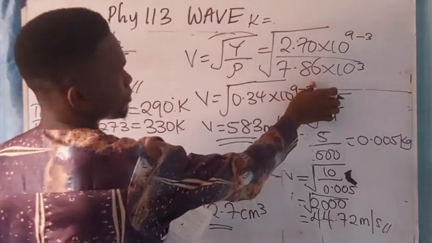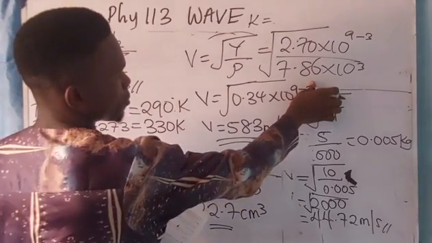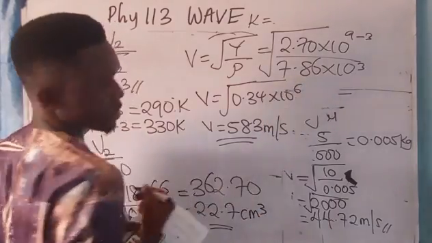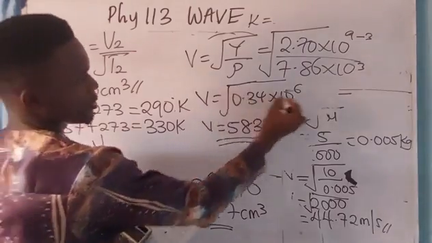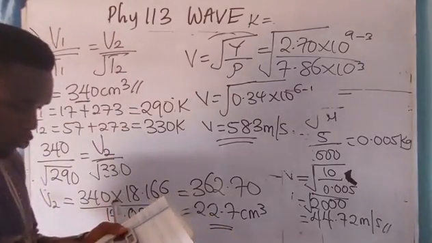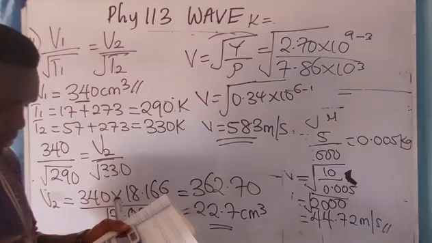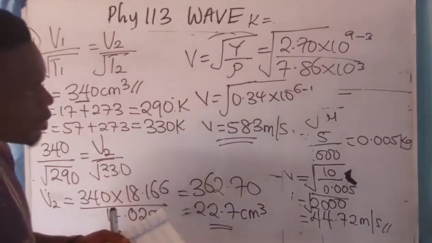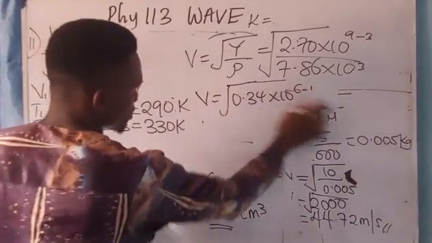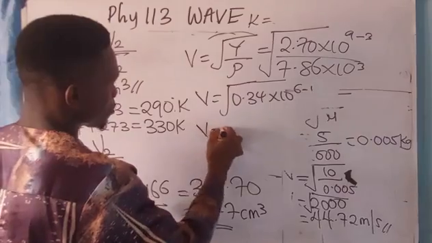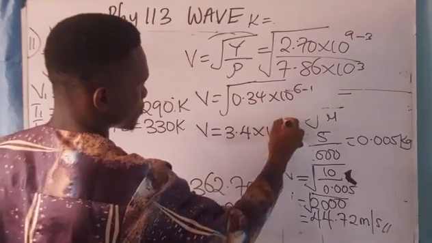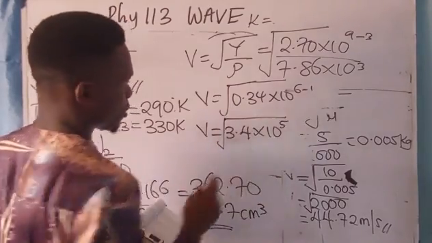Minus 3, you now have 6, there's another 10 again, so minus 1, you now have 5. That is 3 point something, and for that reason V equals 3.4 times 10 raised by 5.